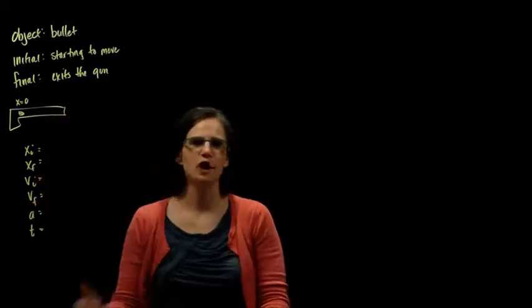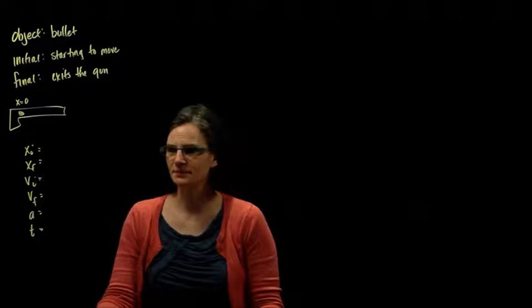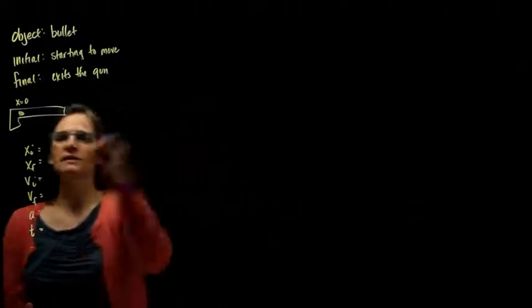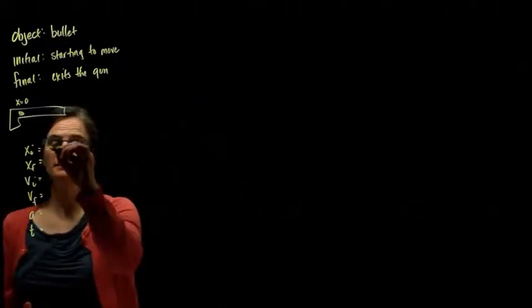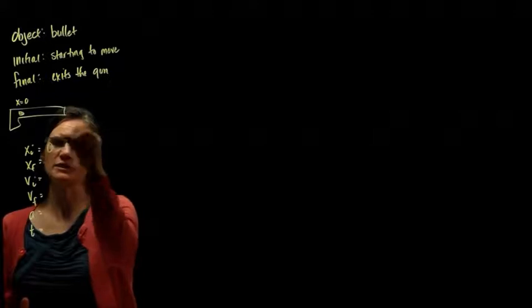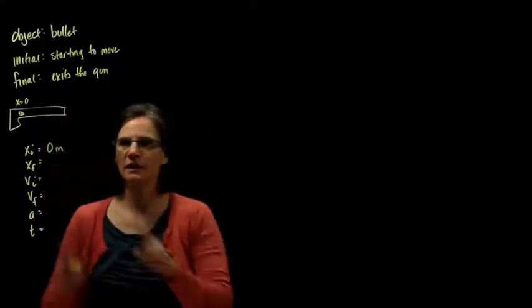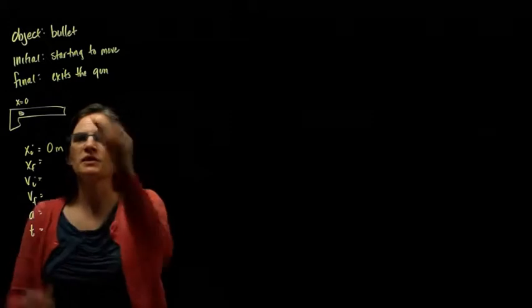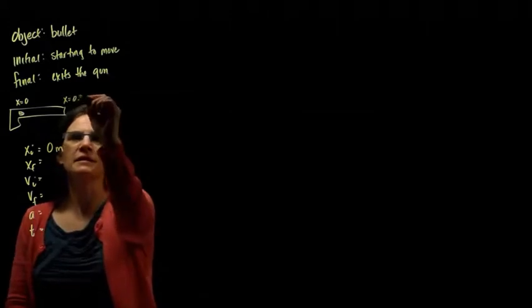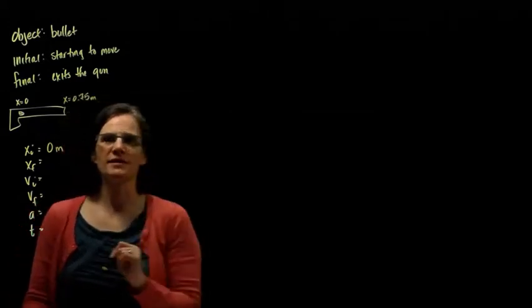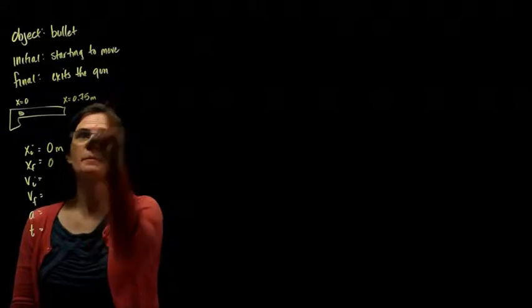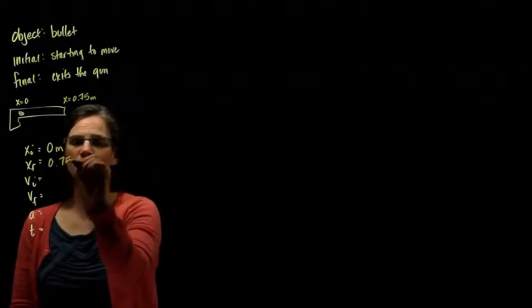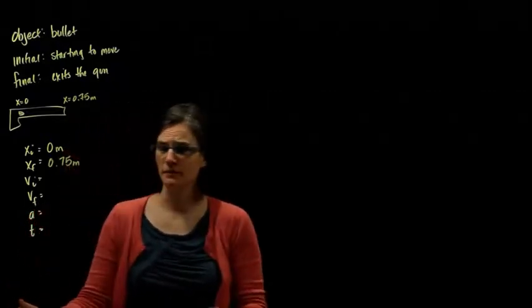It's just traveling along in a single dimension, the length of the gun. So where does the bullet start? Well, it starts at the origin, as I've defined it. Where does it end? Well, the length of the gun is 0.75 meters. So this point is at 0.75 meters. So it ends when it exits the gun at 0.75 meters.